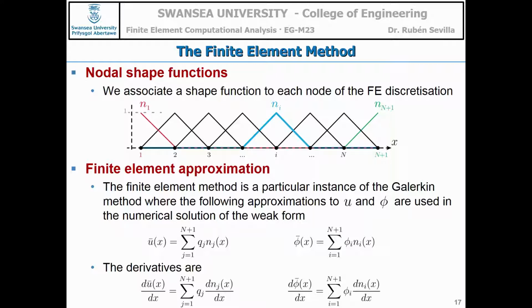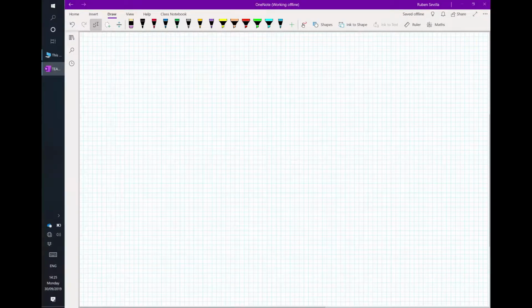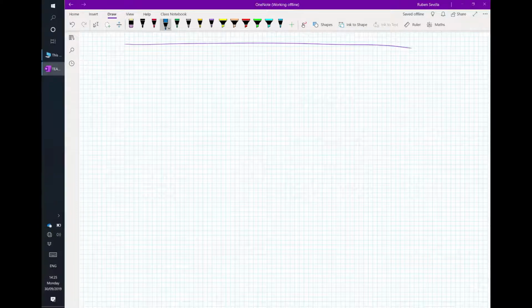Okay. So what is next? Bit of manipulation as usual. What we are going to do now is remember the weak form. This is the one, A, E. Sometimes I'm not writing the whole dependence on x.